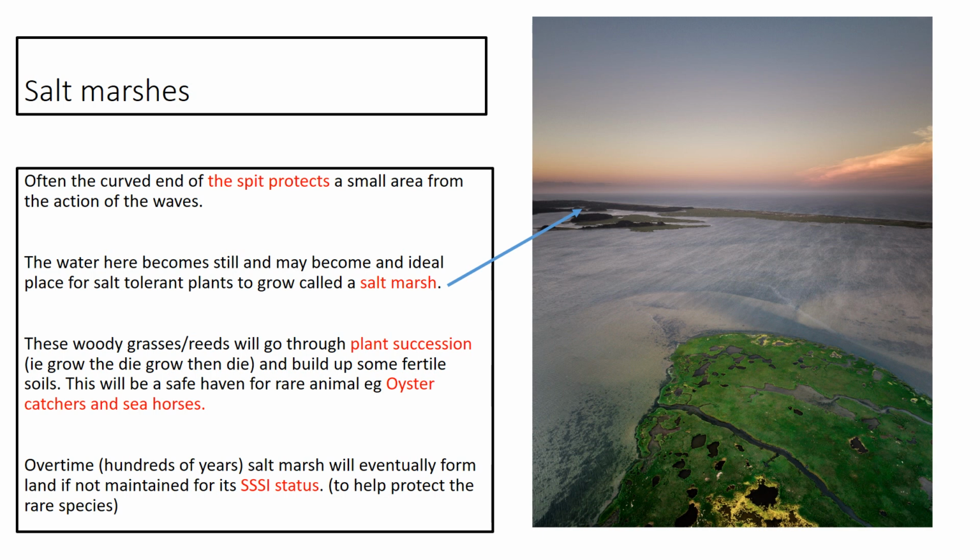This will become a safe haven for rare animals such as the oyster catcher birds and little seahorses to grow within the wetter areas of the salt marsh. Over time, i.e. hundreds of years, salt marshes will eventually form land if not maintained as a salt marsh. As it says here, for the special scientific site of interest status, i.e. to help protect these rare species on this rare landform.